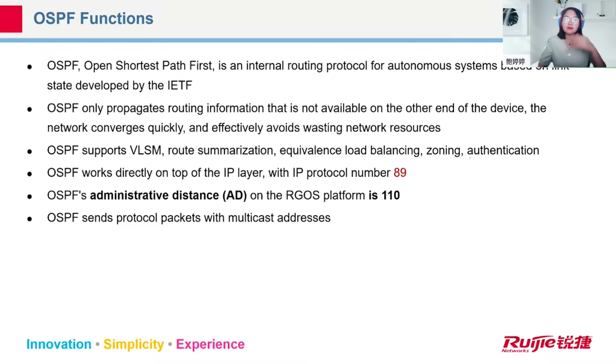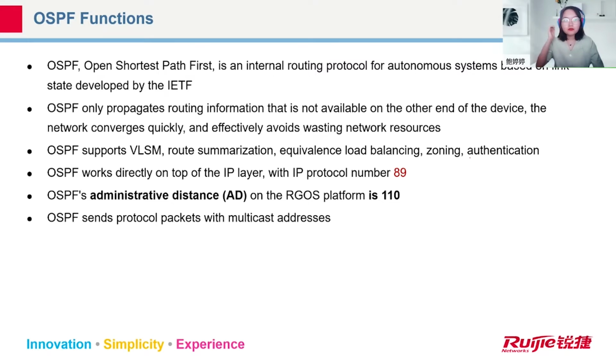And finally, for example, you hope the route calculated by OSPF can be the best route. In this scenario, you can change the AD value to make a different result. And the last one is that OSPF sends out the protocol packets with a multicast address. So if you use Wireshark in your network to capture some packets, you will find some multicast messages from OSPF. Of course, it differs.